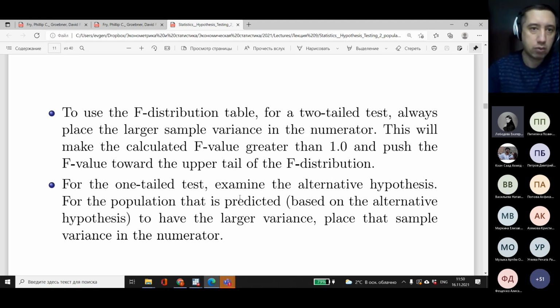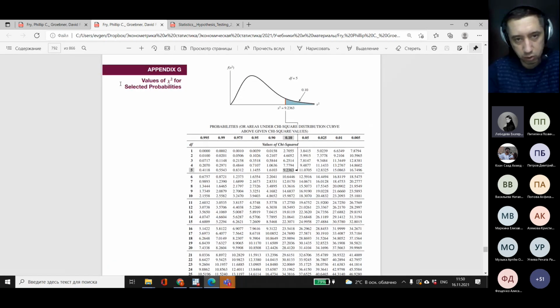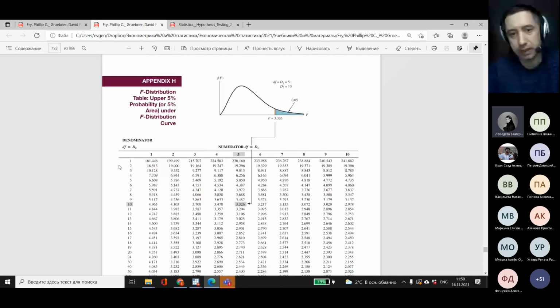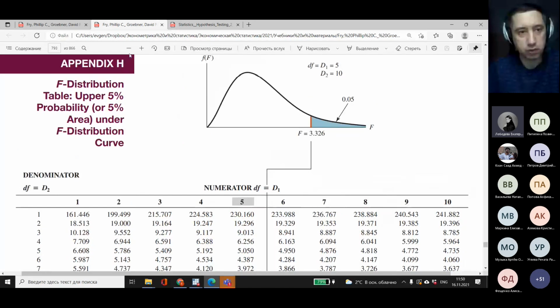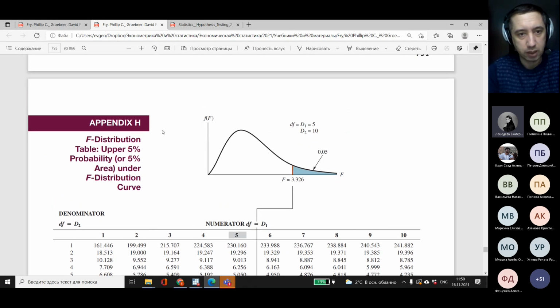And how to work with the F distribution table? In Appendix H, you can find the F distribution table. What you have to keep in mind is that we have different tables for different alphas. Here our significance level is 5%.